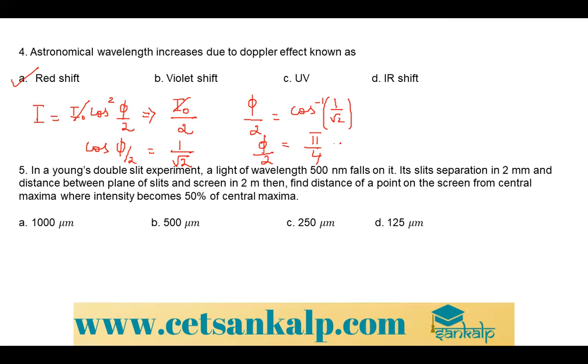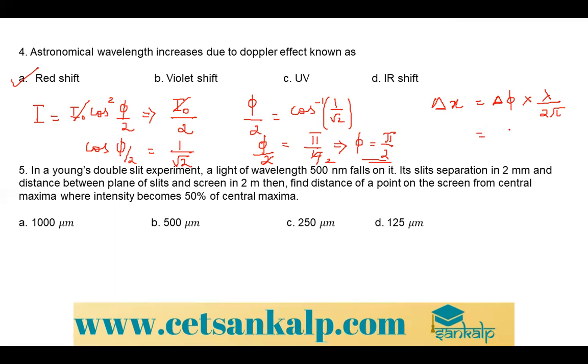So I want phi. So phi is equal to pi by 2. Next you have the phase difference and path difference, that is delta x is equal to delta phi into lambda by 2 pi.